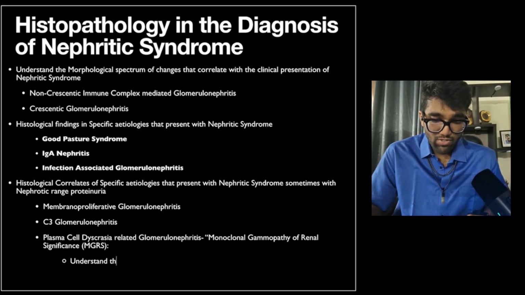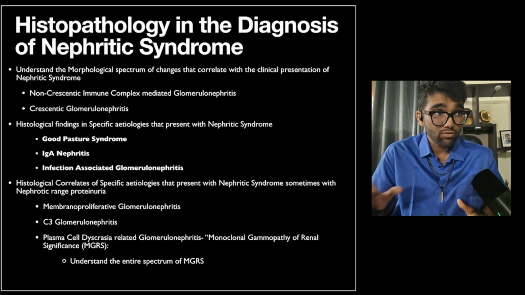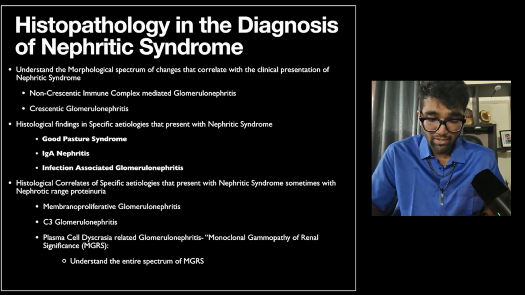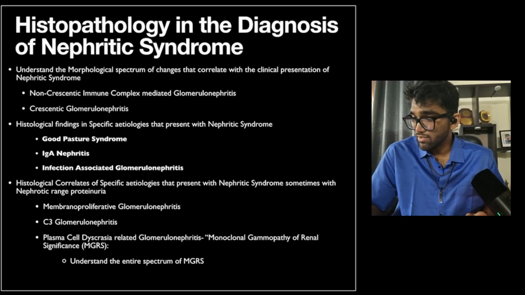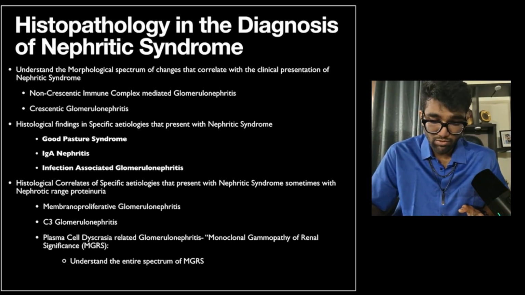Once we get into the histopathology of that, we'll try to depict the entire spectrum of MGRS that is seen in pathology, on histopathology images. However, this will be slightly more extensive as compared to what I've discussed in the clinical presentation of these disorders.